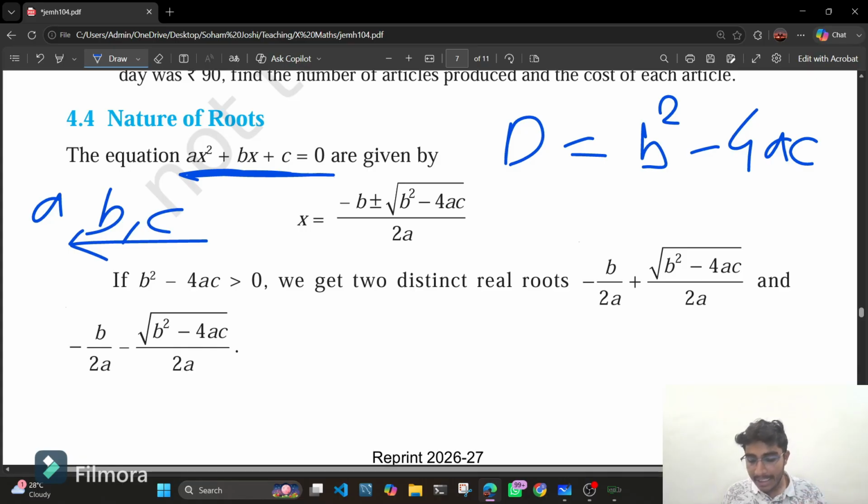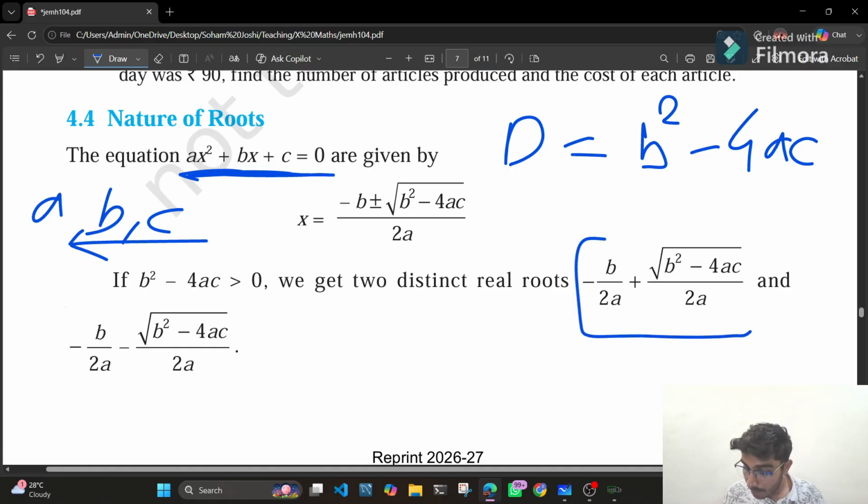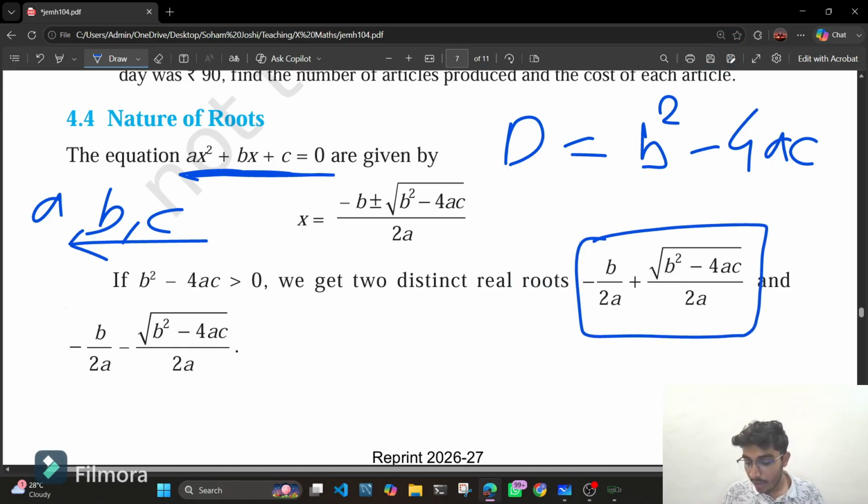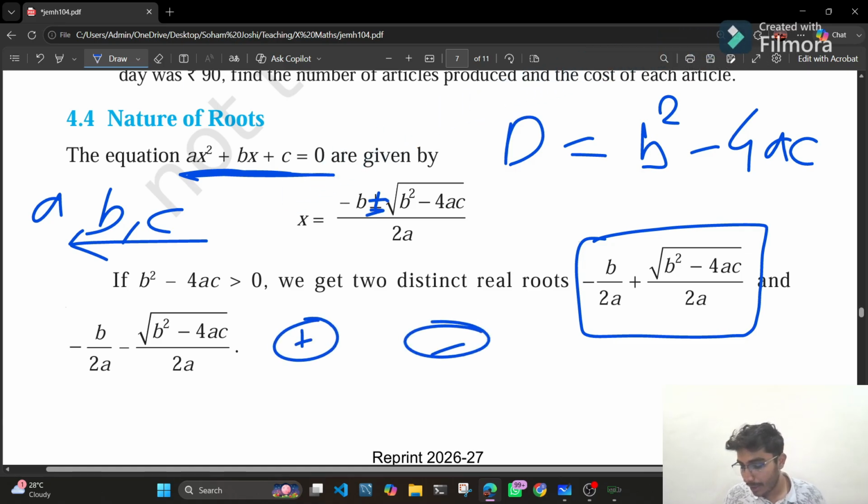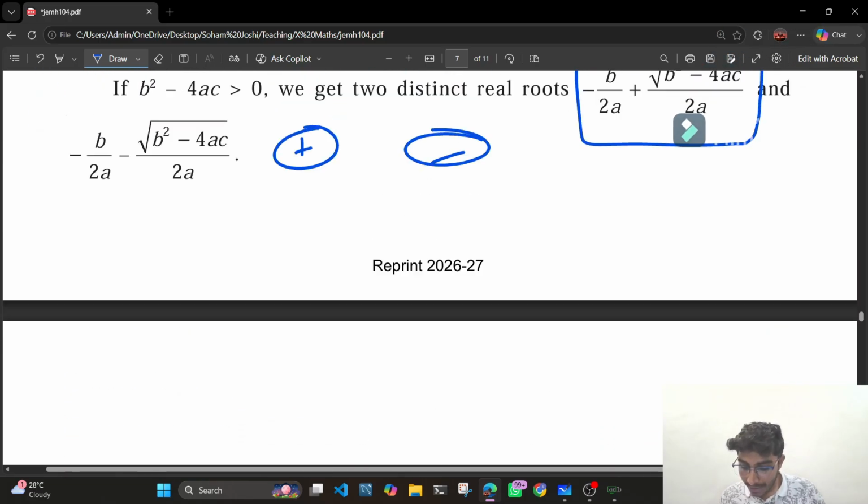Then x is given by minus b plus minus root of b square minus 4ac upon 2a. So one root is minus b plus root of b square minus 4ac upon 2a, and the other root is minus b minus root of b square minus 4ac upon 2a. You can see over here we have written plus minus. So for one root we'll use plus, and for the other root we'll use minus. I hope that is clear.